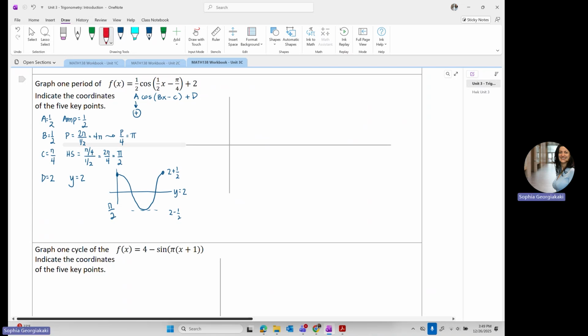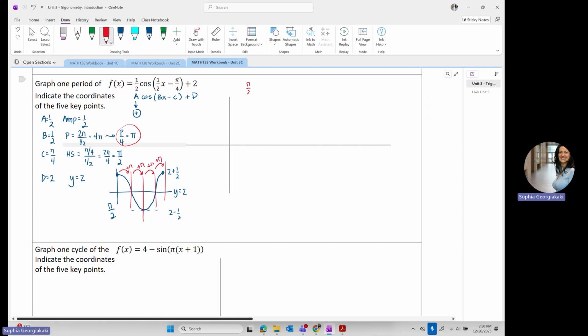Every other critical point is an increment of quarter periods. So that will be plus pi, pi being the quarter period, plus pi, and plus pi.